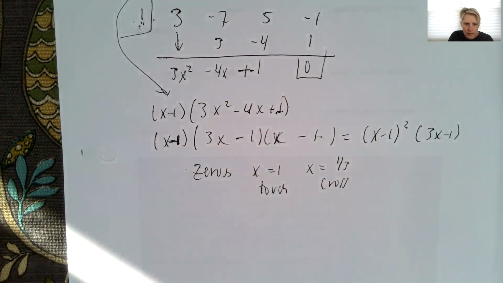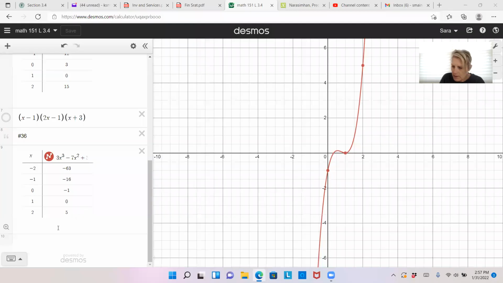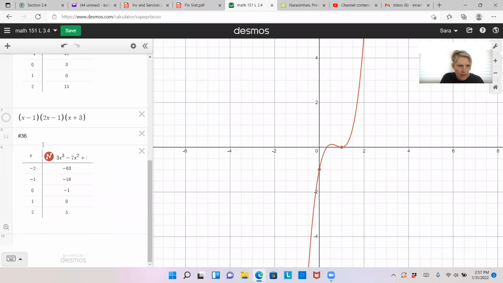So let's go put this into Desmos and just check it out. Putting what we learned into, okay. Oh, and actually look at, so we crossed here and actually, yep, at 1, 0.